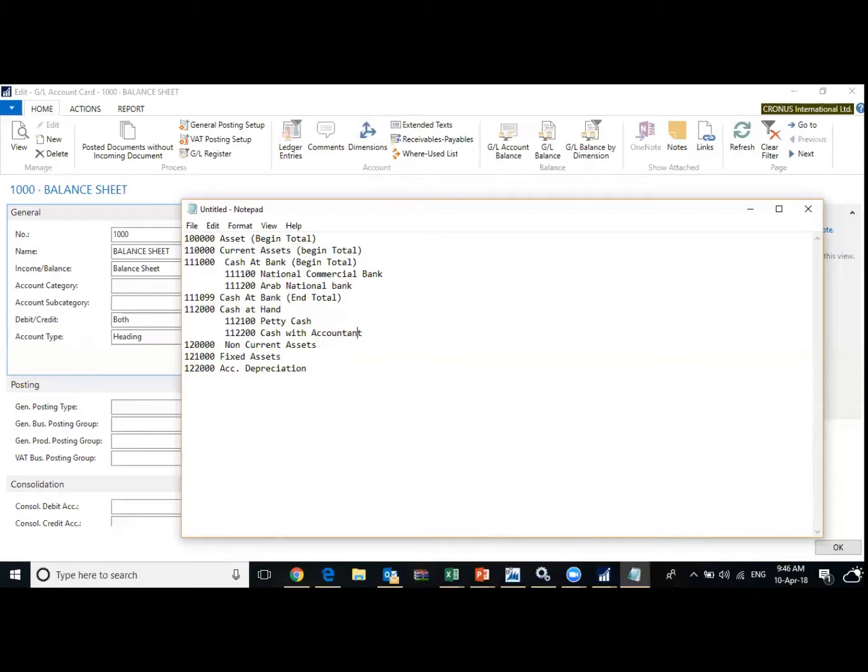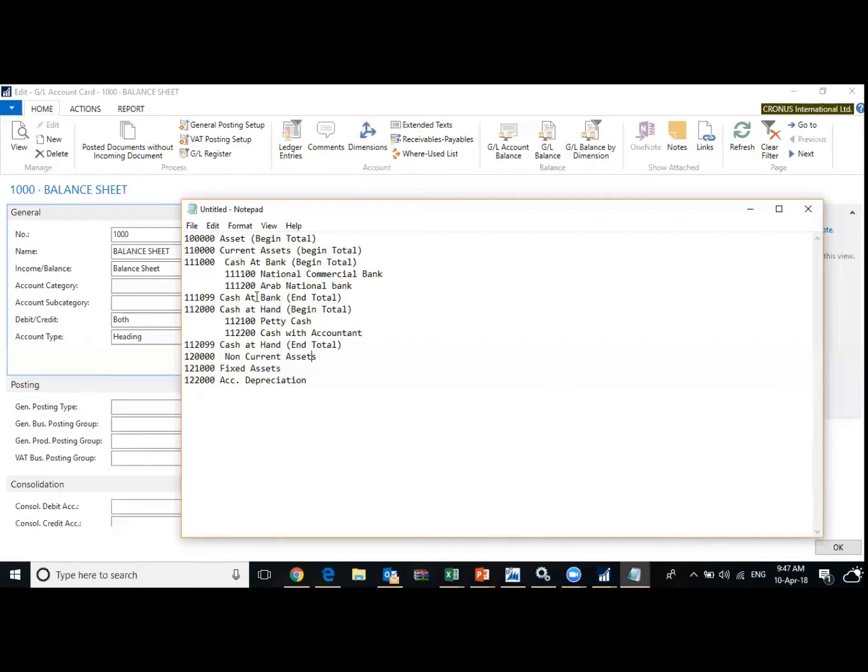Okay, so this is another group. Now I need to close this group. Naturally, what I will do is 112099, and I'm going to call it the same as cash at hand. Okay, and this will be an end total. Okay, so this is a begin total, and this is an end total.